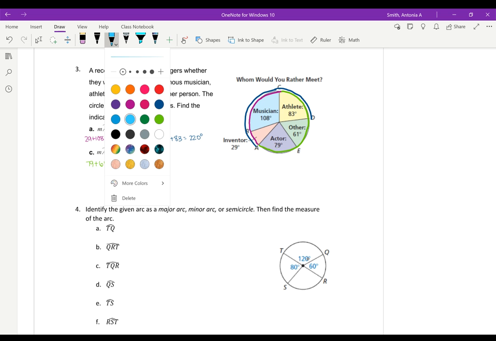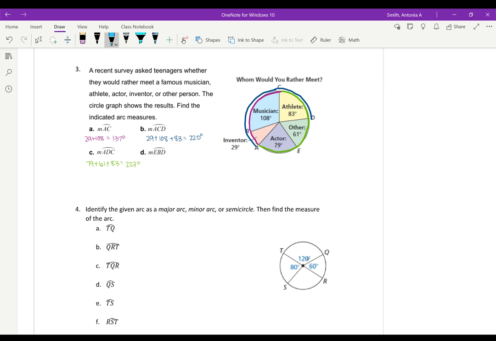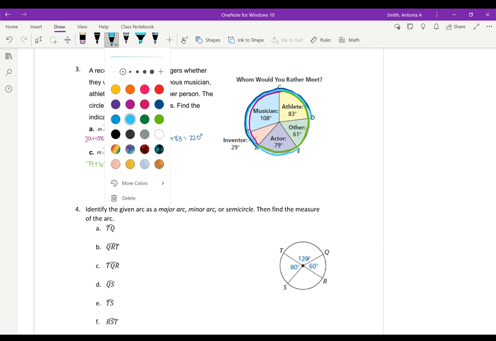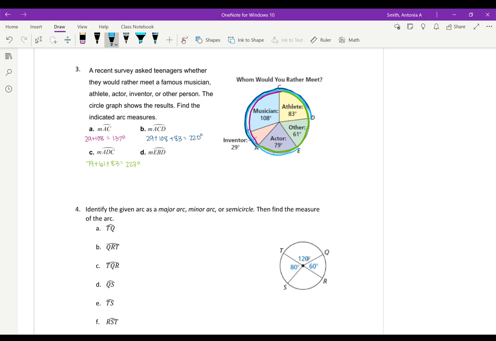And then last we have measure EBD. So from E, I'm going to do my best to make sure they don't overlap, to B all the way around to D. So really that's a big arc, right? The only section that's not included in there is that green one. So we're adding up all of the other sections.